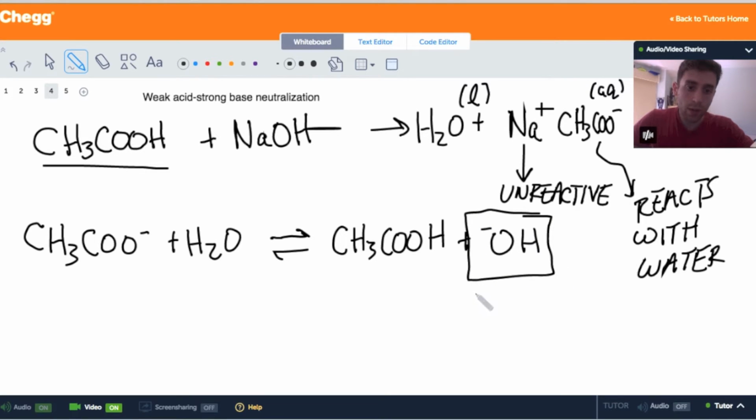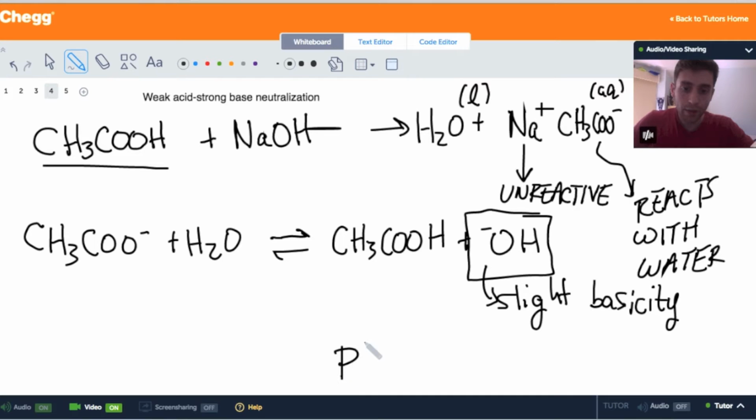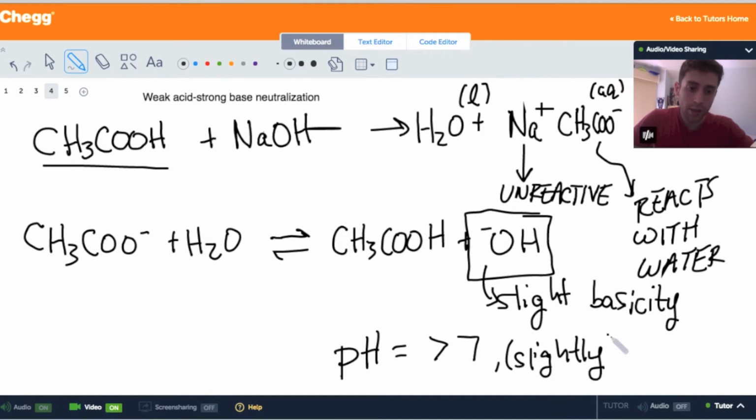So this OH minus causes slight basicity of the salt. So the pH is going to be a little bit higher than 7 of this salt after the neutralization reaction. So it's higher than 7, but slightly. And the same thing as the last problem, they're only slightly different than 7. They're not exactly 7, but they're only slightly different.